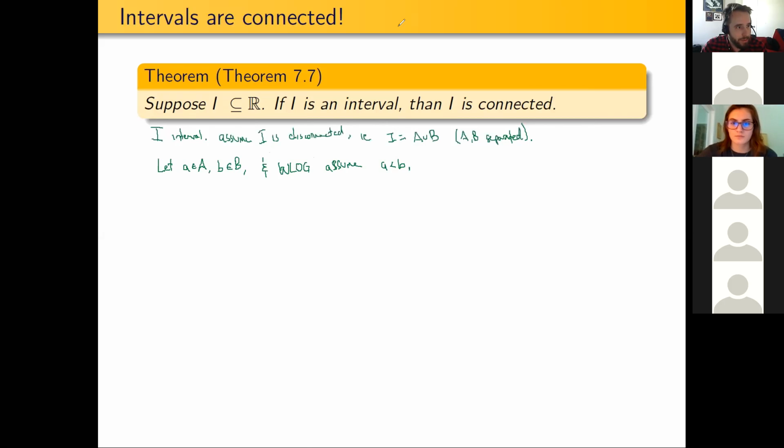So I have some sort of number line. I have some interval I on this number line, which I'm not really going to specify. But I do know that my set can be divided up into two different separated sets. I've got A, in which there is little a, and I've got B, in which there is little b.